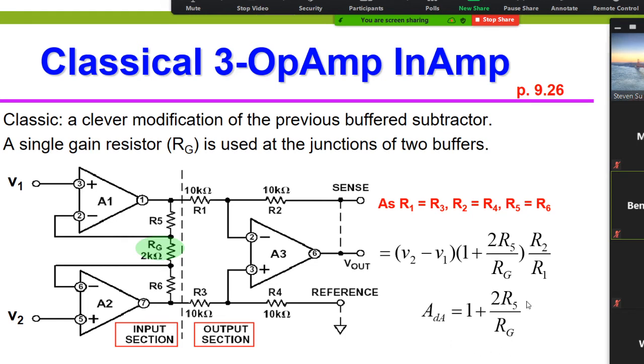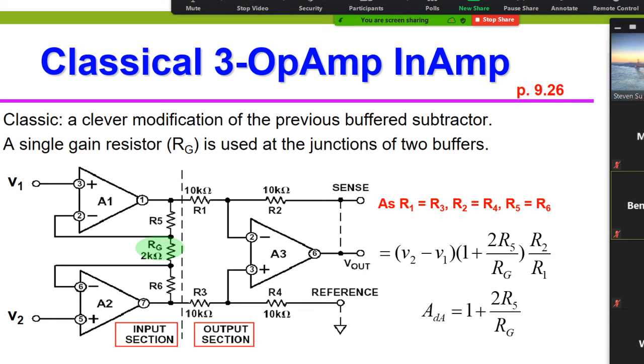So this is the differential gain for stage A, and stage B is like this. You can see this is the ideal case: R1 equal R3, R2 equal R4, R5 equal R6. You can get the ideal case. But the overall CMRR is like the total CMRR, because CMRR B we already developed for the single op-amp differential amplifier.